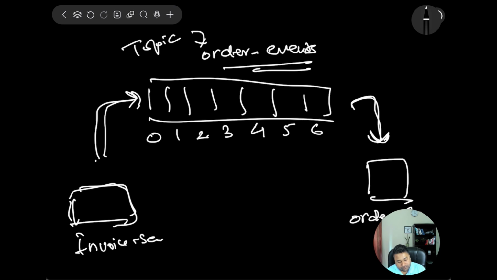Now the problem that could arise is, as I said, Kafka maintains the properties of durability, performance, and scalability. The way it achieves that from the perspective of topics is by subdividing the topic into multiple partitions.